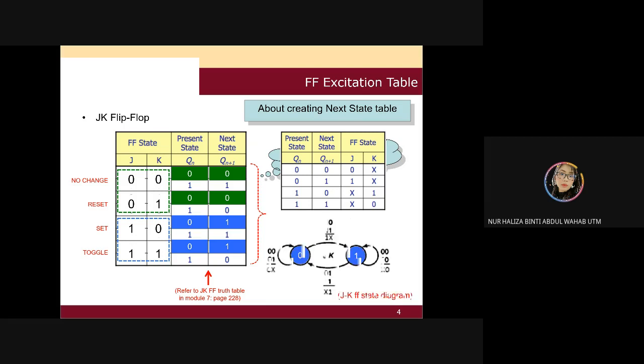Wait, 0 and 1, yes. You have your present state is 0, and your next state is 1. Okay, I have these two, 0 and 1. If let's say my present state is 0, I'm going to go to the next state is also 0 when I have the condition of 0X.